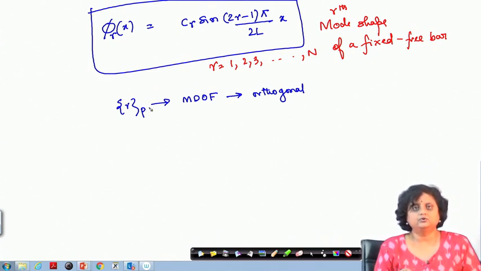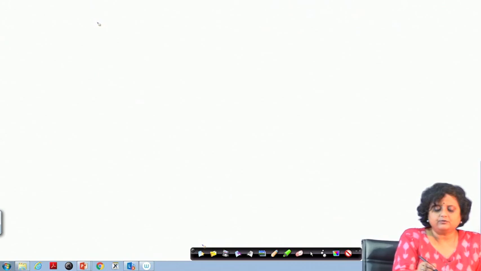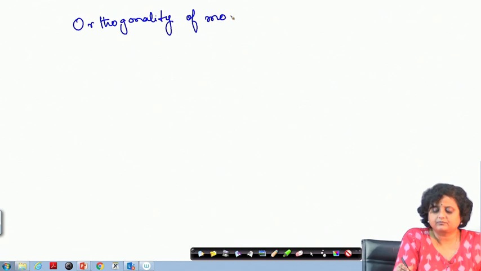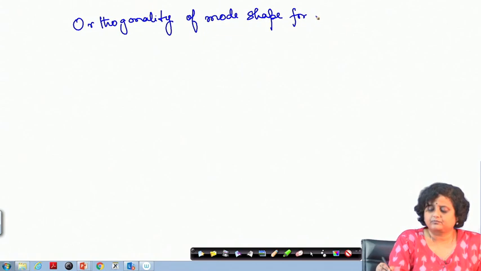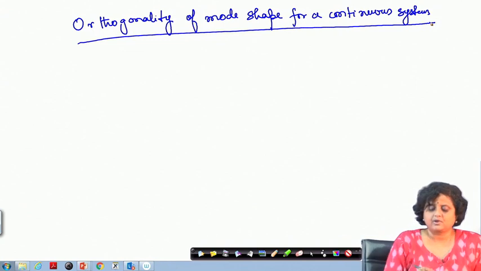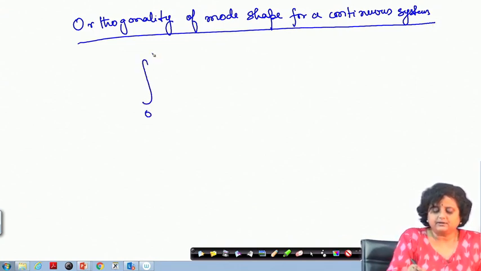Now, let us look into what is the orthogonality condition for a continuous system. So, if we look into orthogonality, orthogonality for a continuous system can be written in this form.